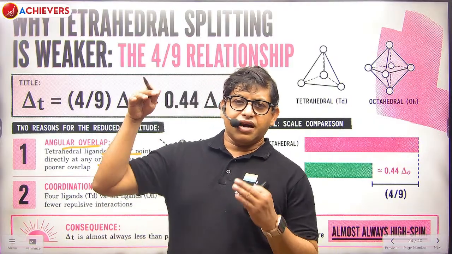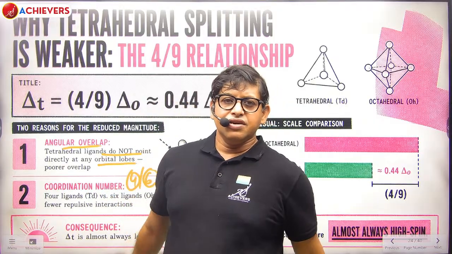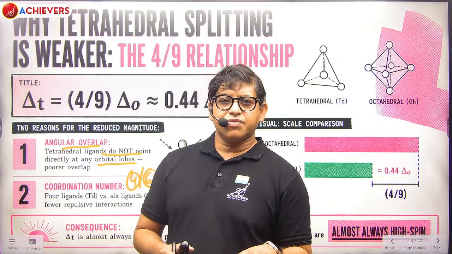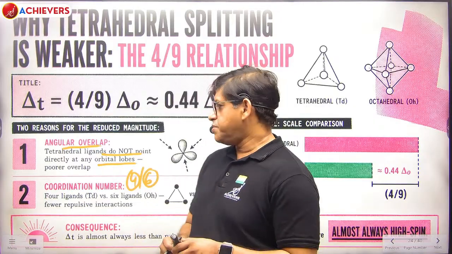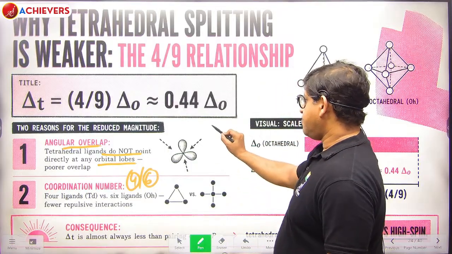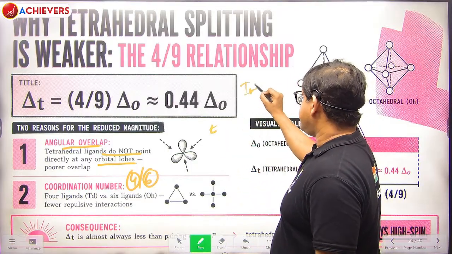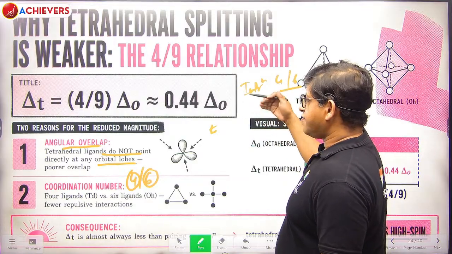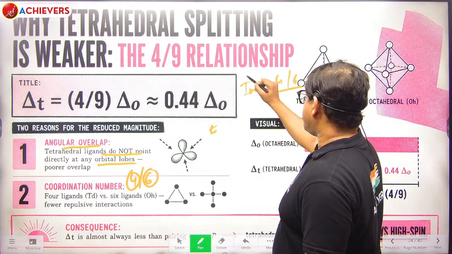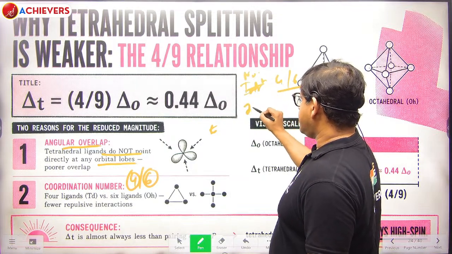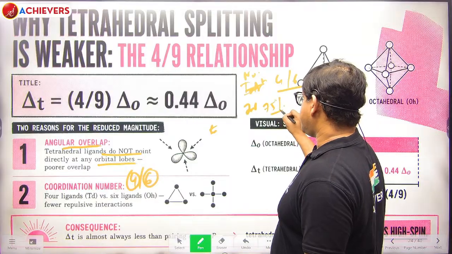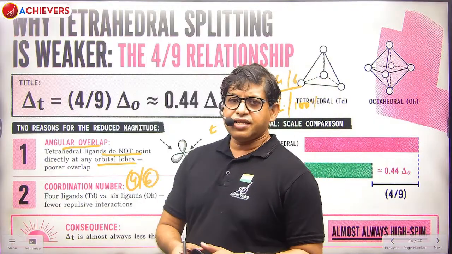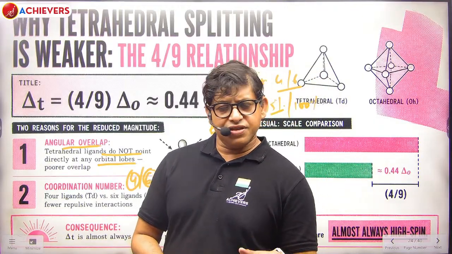In octahedral there is a 100% approach, direct interaction, whereas in tetrahedral it is a 75% approach. Both are pointing to the splitting for tetrahedral being lower.